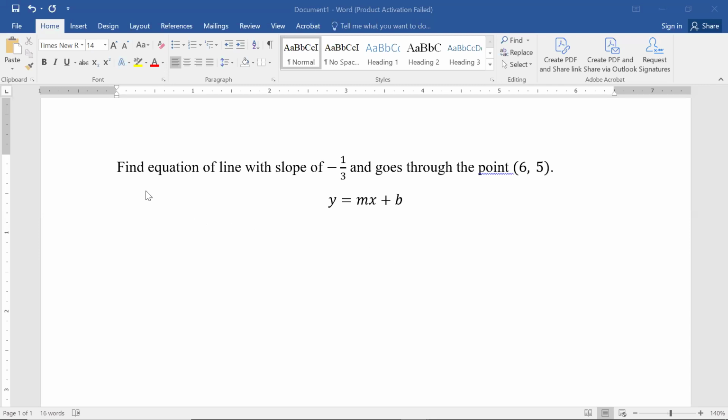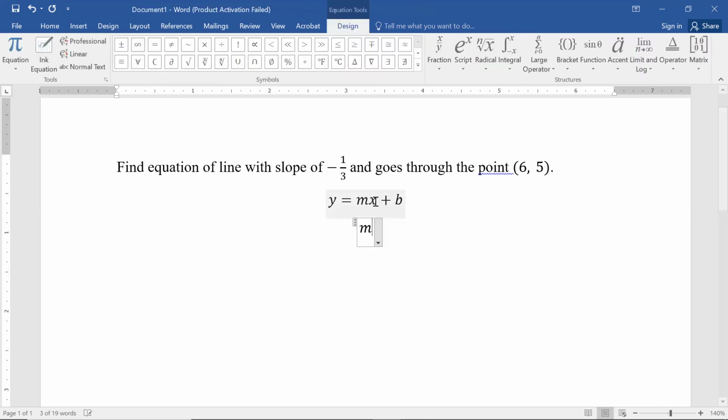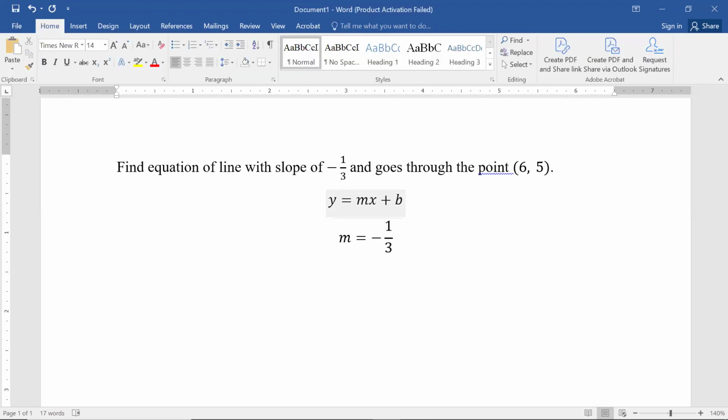All right, here it is. Because I'm given the slope, I know the m. I know that the m is negative 1/3 because I'm given that. So that's a very quick find.